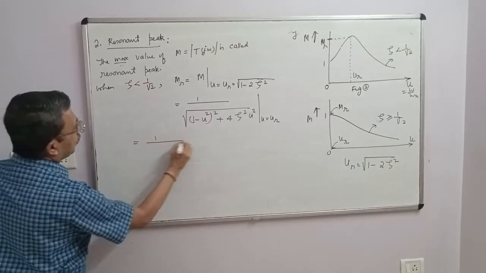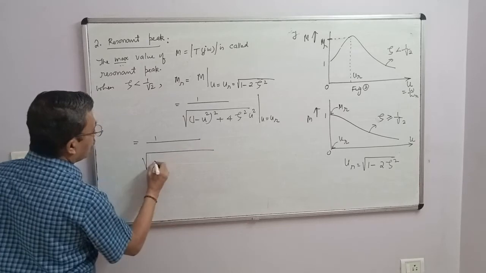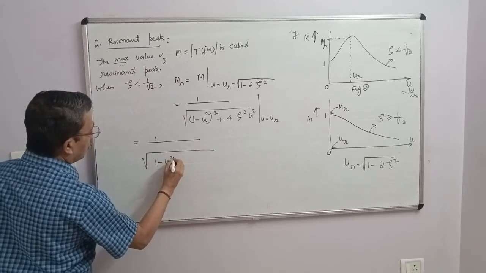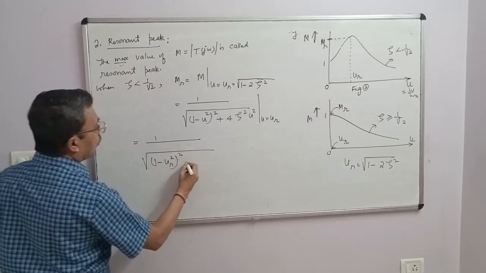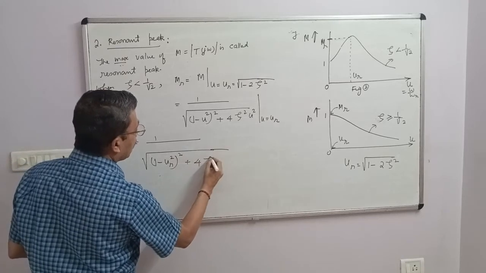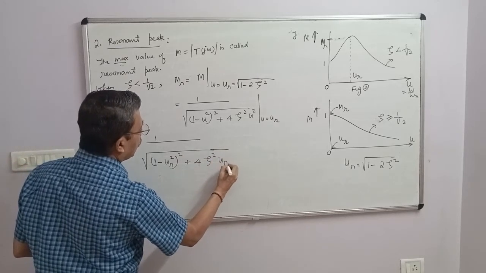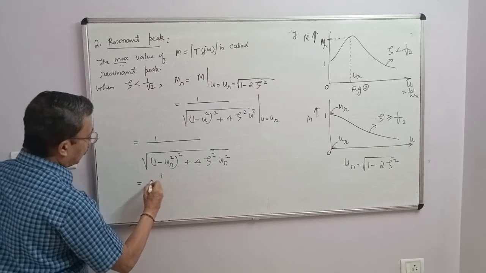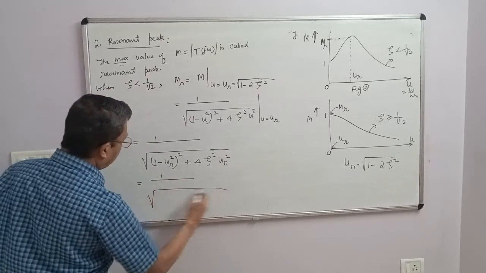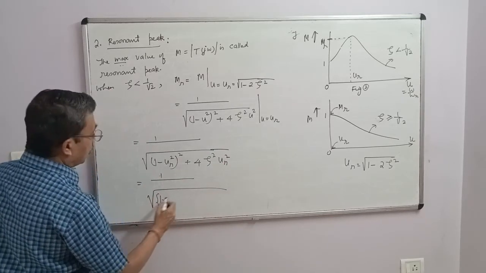So what you get? You get 1 over square root of (1 minus UR square whole square plus 4 times zeta square into UR square).